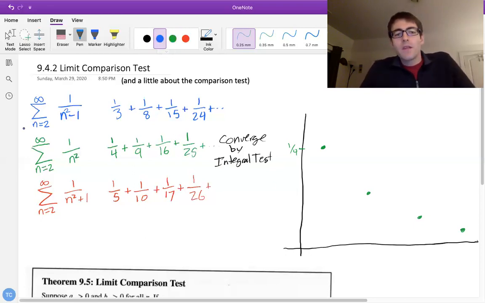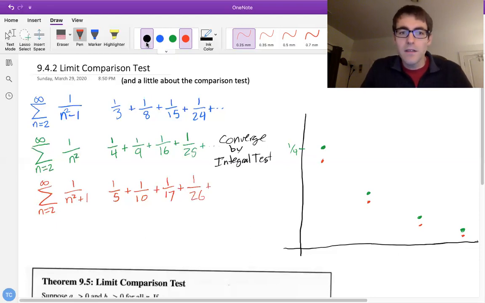I want to point out that we can determine if this red series converges or not by just using the comparison test. If we plotted all of these red numbers, they would all be a little bit less than these green numbers. So 1/5, 1/10, 1/17, 1/26. And if we're adding together all of these red numbers, because each of these red numbers is less than its corresponding green number, the answer that we get has to be less than the answer we get from this green series.